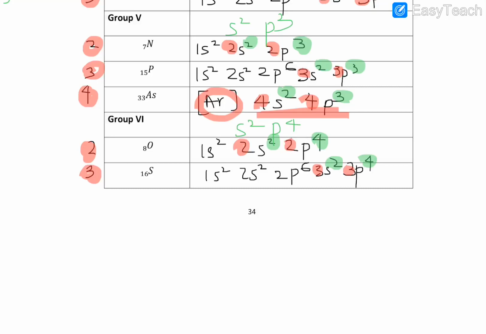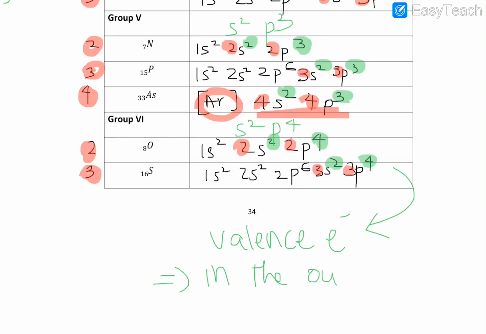Here, the things in green, whatever is in green, these are the valence electrons, and this is in the outermost energy level.